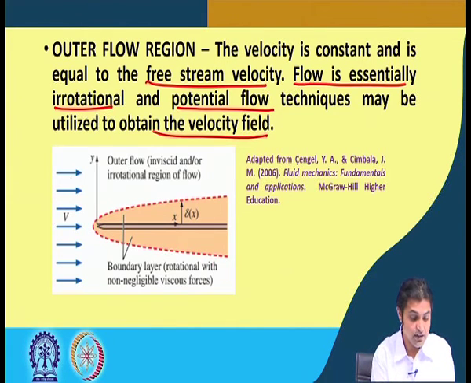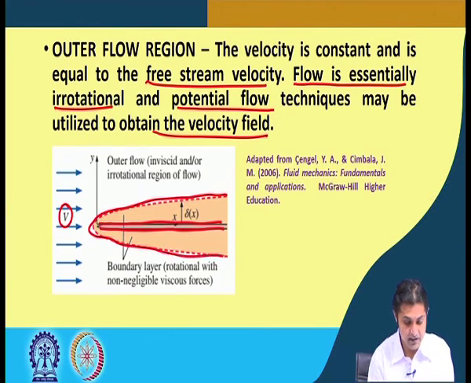Here it shows that the flow is coming with a velocity v, and there is a plate here. See, this is the plate, and if the flow passes over it, this region that is enclosing the flat plate is the boundary layer as indicated here, and the flow here is rotational as we have seen, with some finite viscous forces.